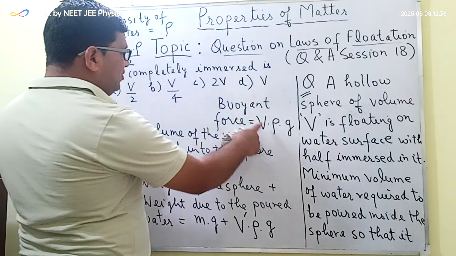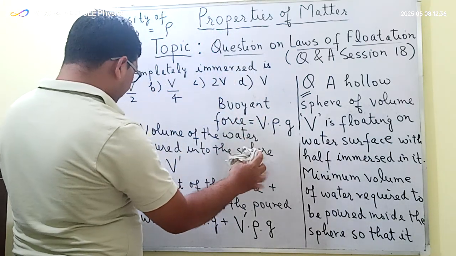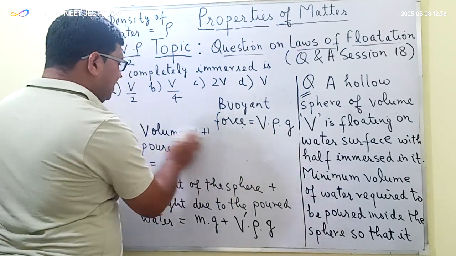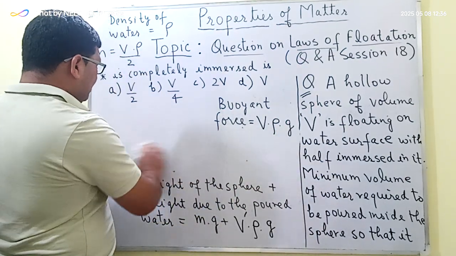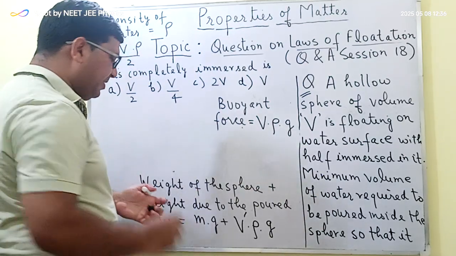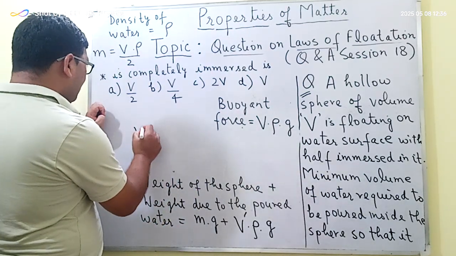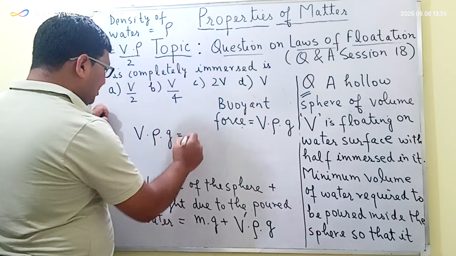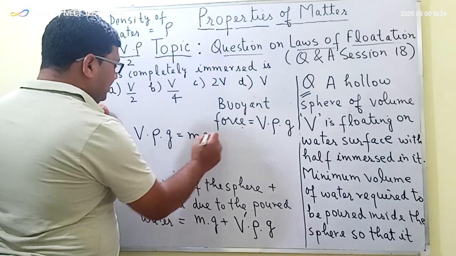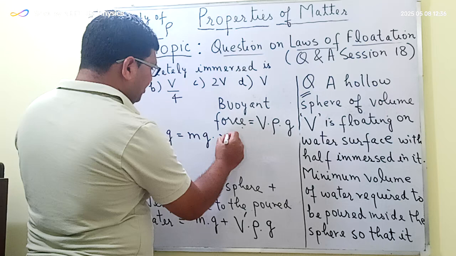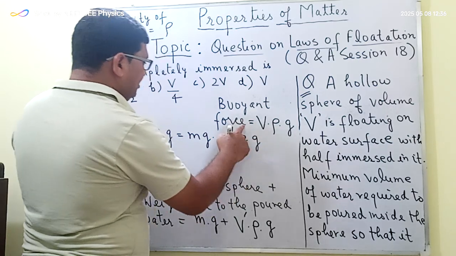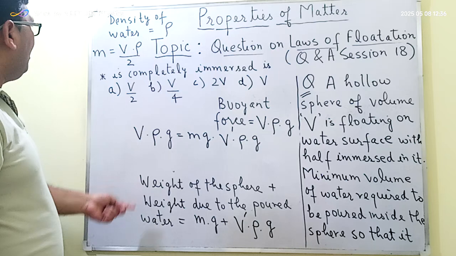The buoyant force is V into rho into g. So in the condition of stable equilibrium, V into rho into g should be equal to m into g plus V dash into rho into g. This is another equation which I have got.